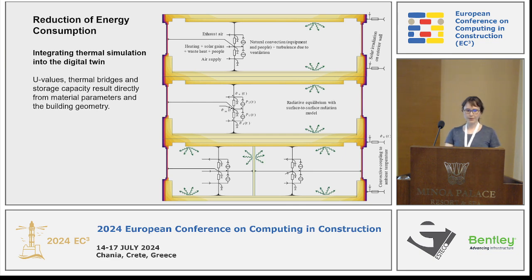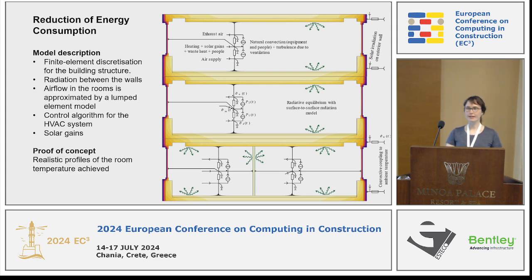And we propose to use a finite element simulation because then you can use material parameters and the building geometry directly from the building information model. And parameters like U values, thermal bridges, and the storage capacity of the building structure are then calculated, and you do not need to first calculate and then enter all those values in the model by hand.